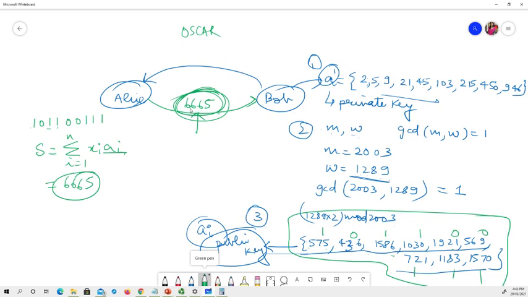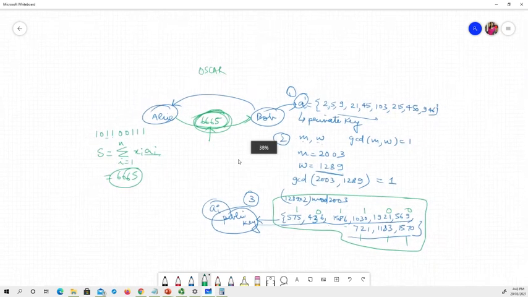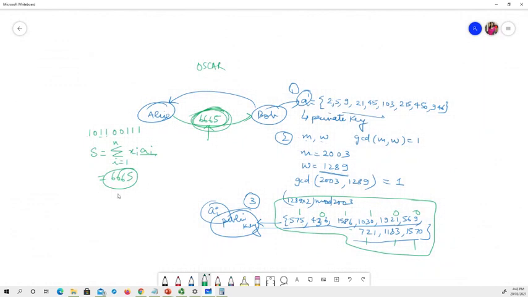Bob, on receiving it, will do the following, if you recall what I was saying. Since GCD of M and W was equal to 1, which means a multiplicative inverse exists, 1289 multiplied with its inverse under modulus 2003 would give me 1. We can apply different kinds of algorithm: the extended Euclidean algorithm, Fermat's algorithm, or a brute force algorithm where you again and again multiply.